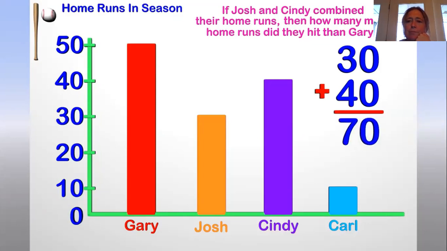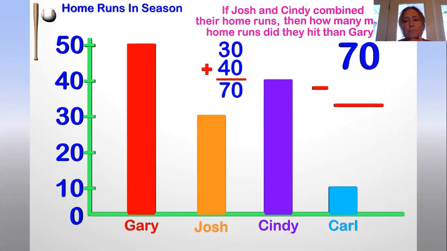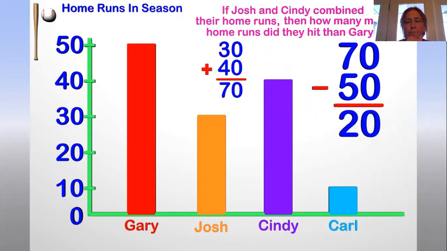Great job. That was the first part of the question. Now we need to know how many more home runs they hit than Gary. We know that combined they hit 70, so we need to subtract the home runs Gary hit, which is 50. What is 70 subtract 50? The answer is 20. With their home runs combined, Josh and Cindy had 20 more than Gary. Great job, guys! You did amazing and you sure know how to use a bar graph.